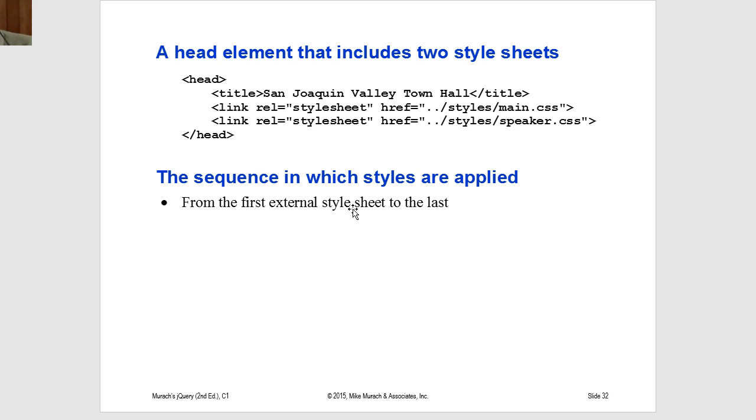So here's an example of two style sheets, main.css and speaker.css. And with that, anything in the speaker CSS will override anything that was set in the main CSS.